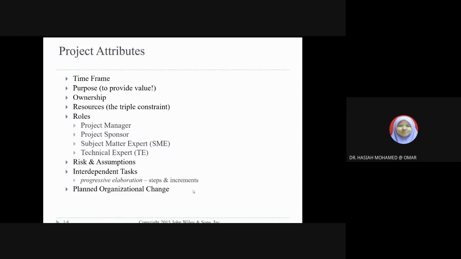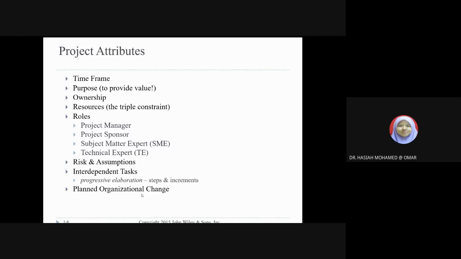Second month we start with the design. Third month we start to develop the first module. Fourth month we develop the second and third modules. Fifth month we combine all of the modules, and in the sixth month we conduct the evaluation. So we can see the step and increment of the project.